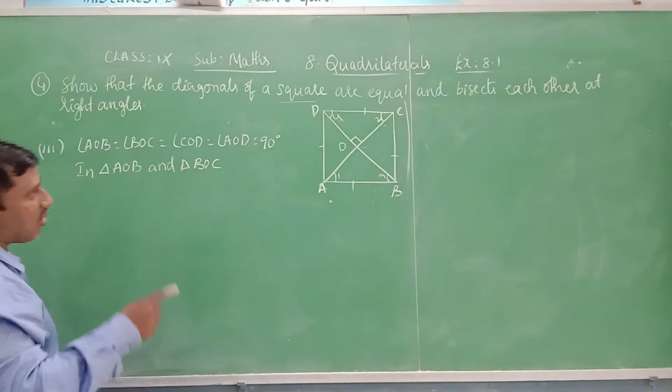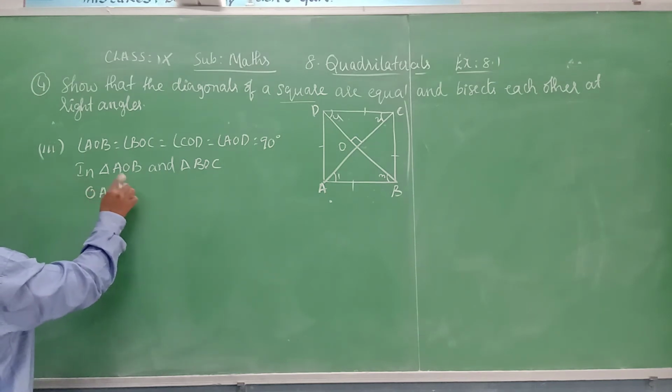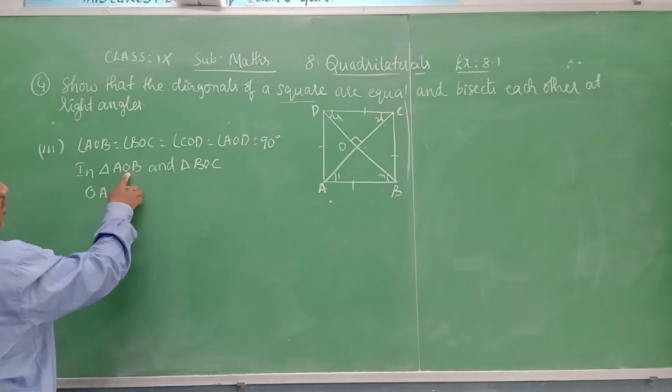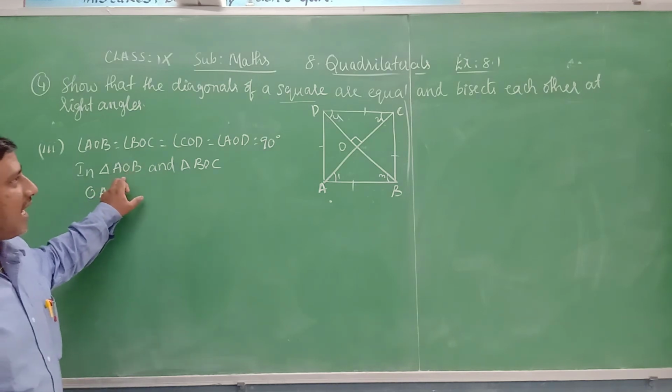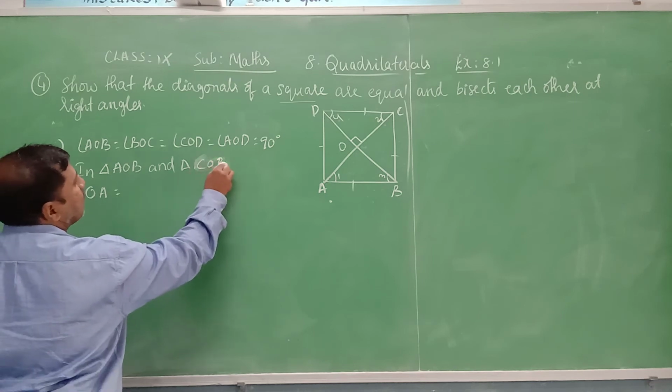By SSS congruency, the two triangles are congruent triangles. OA is equal to OC, that is triangle AOB and COB.